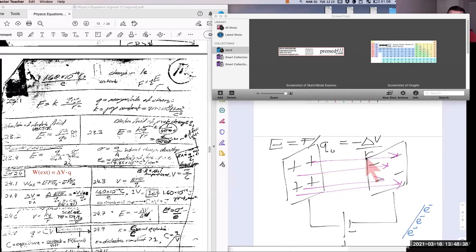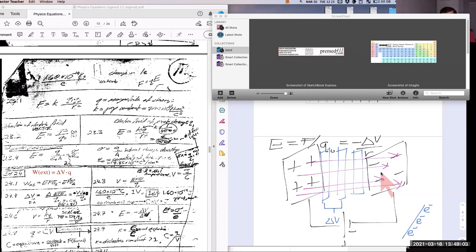In a parallel plate capacitor, we're going to have sections like this. They're like little plates here, and they're all going to have the same voltage. When we measure that voltage here, we get delta V, the difference in energy from one spot to the other.